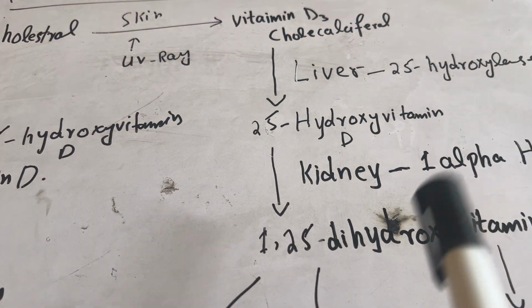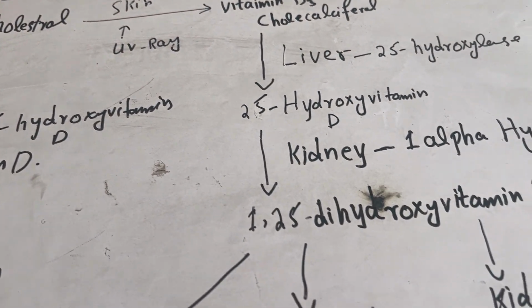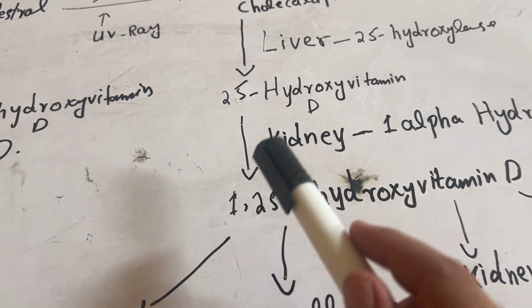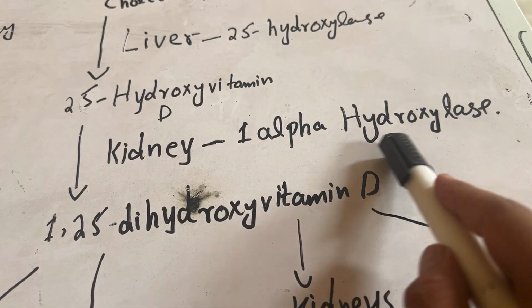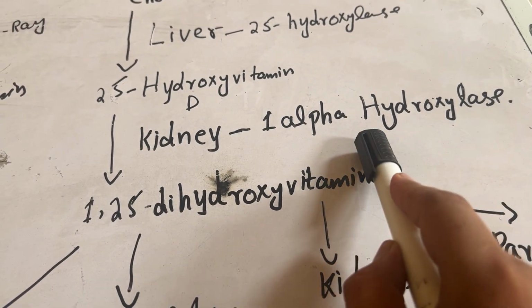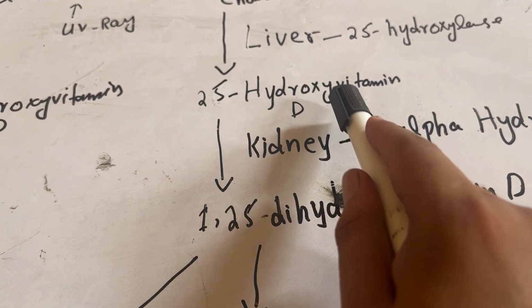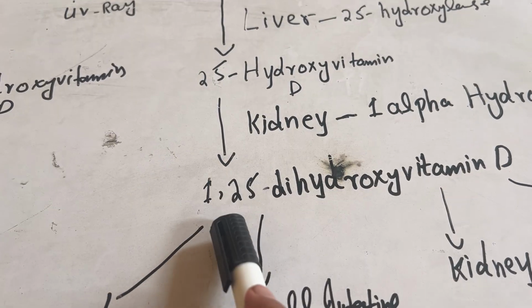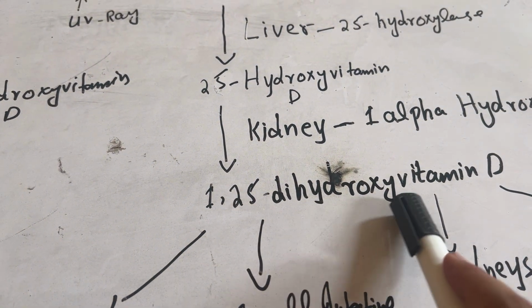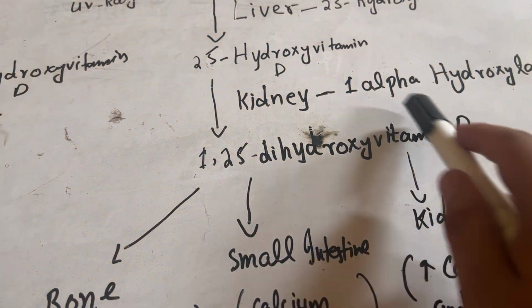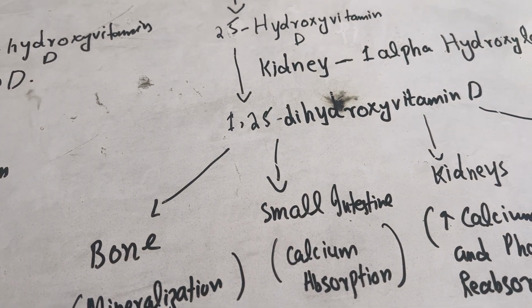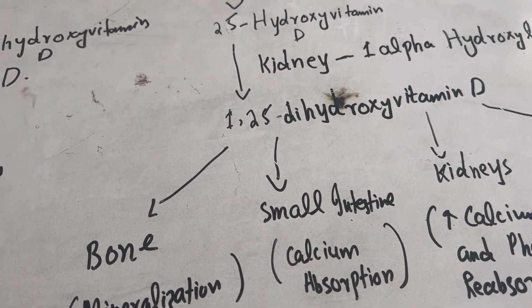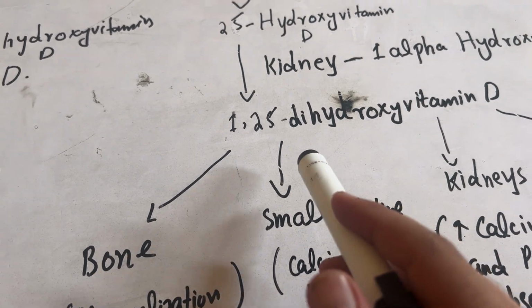Then the final step in vitamin D synthesis occurs in the kidney with the help of the enzyme 1 alpha hydroxylase. This converts the 25 hydroxy vitamin D into 1,25 hydroxy vitamin D, which is the active form of vitamin D.